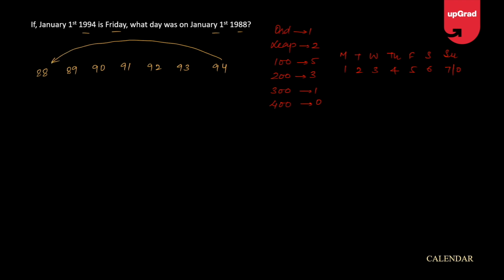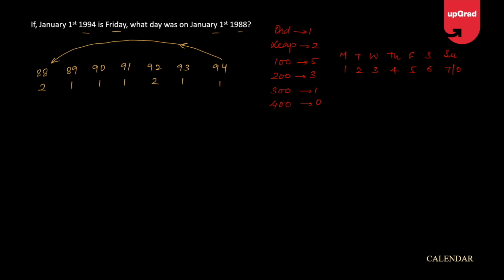First, my objective is to find the number of odd days here. 88 has two odd days, 89 has one, 90 has one, 91 has one, 92 has two, 93 has one, and 94 must have one odd day. Now let's see what we are doing: we are traversing backwards here.